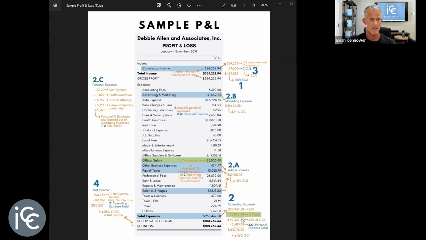Then we deduct that new net operating expense number from our net income number, the amount we take in, because that's what he used in the statement to add all this up, and get a new adjusted net income. And we determine what percentage that is of GCI. And that's basically how we understand how the P&L works and how we actually take what the accountant gives us.